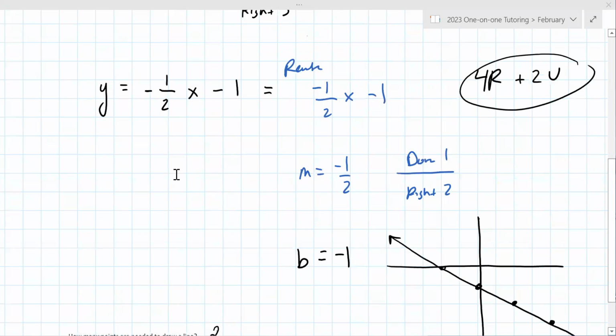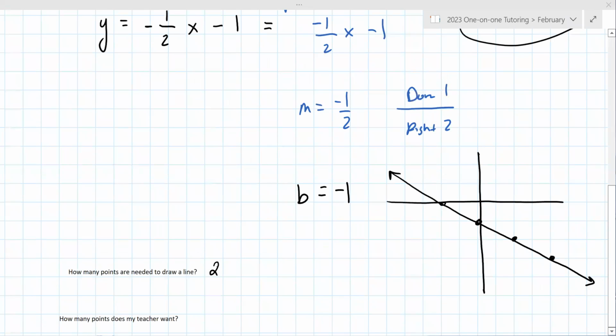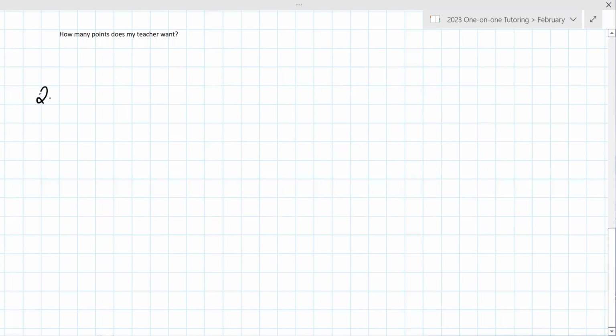So this is when it's in slope-intercept form. The next form that we usually talk about is point-slope form, but it's kind of rare to get a graphing problem like this, but we'll talk about it. Let's say it's y minus 1 equals 2x plus 4.